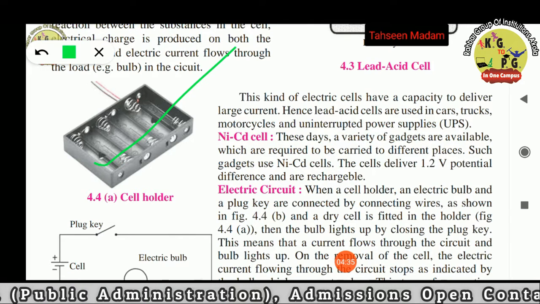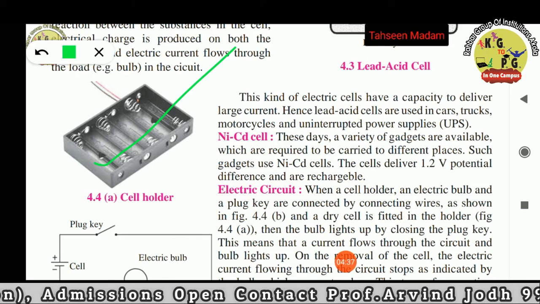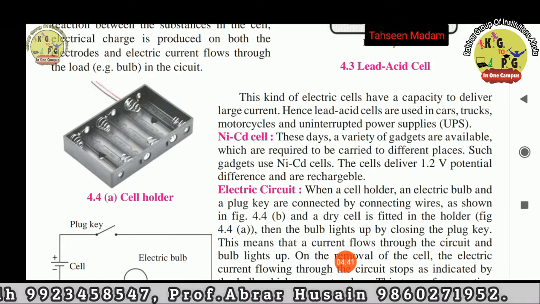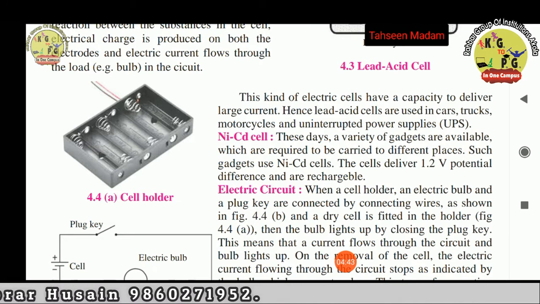This means that a current flows through the circuit and the bulb lights up. Electric current.